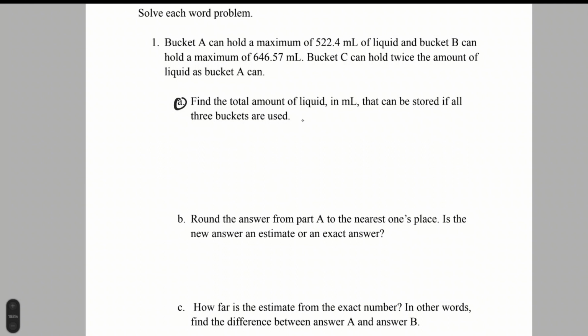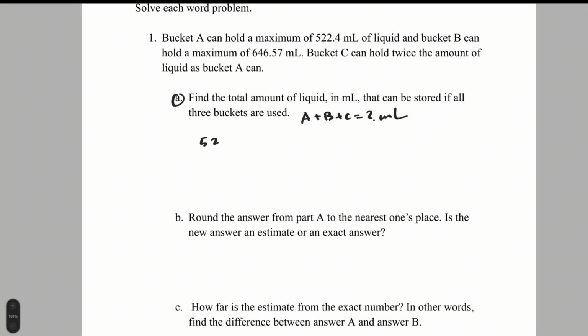All right, so for this, we can come up with the equation bucket A plus bucket B plus bucket C is, well, however many milliliters. So we know that bucket A is 522.4, bucket B is 646.57, and bucket C is 2 times bucket A, which is 2 times 522.4.